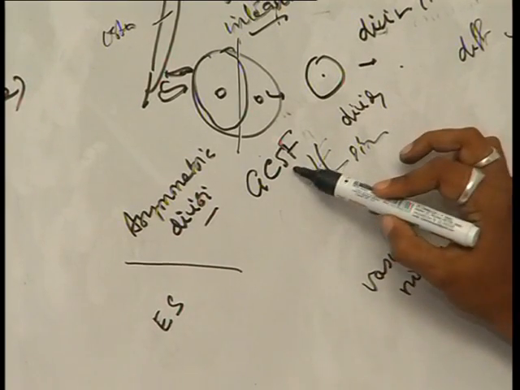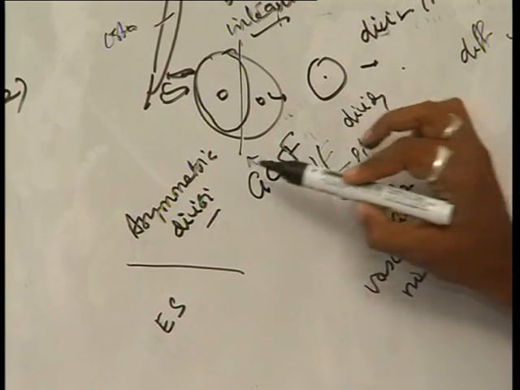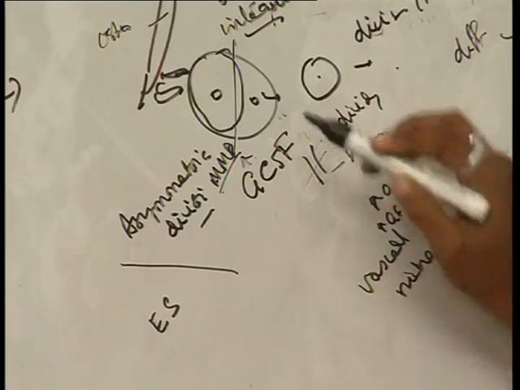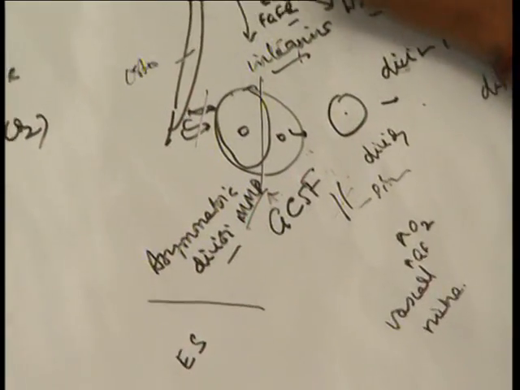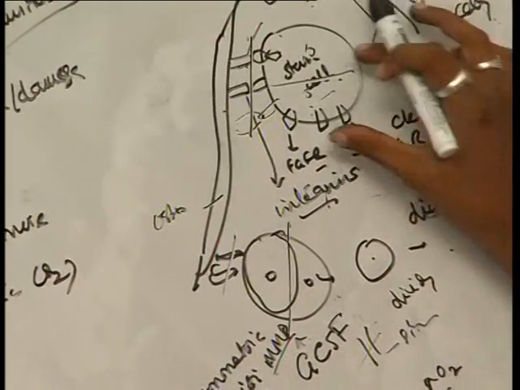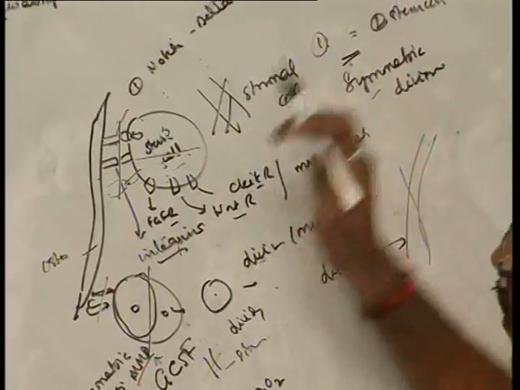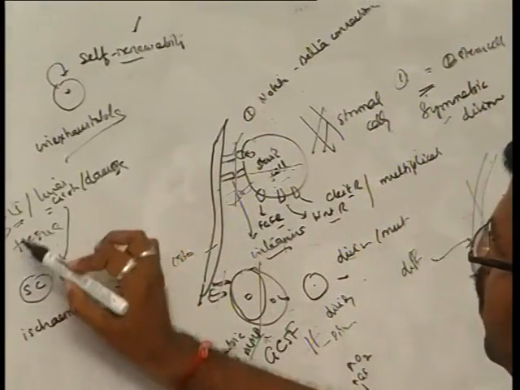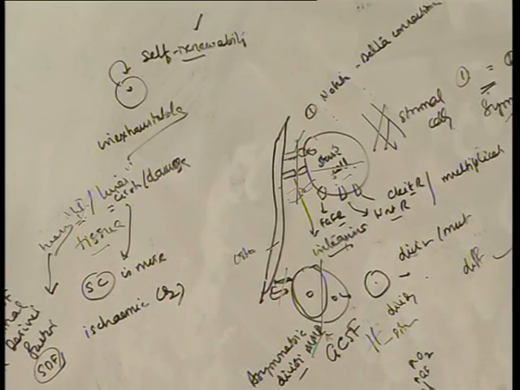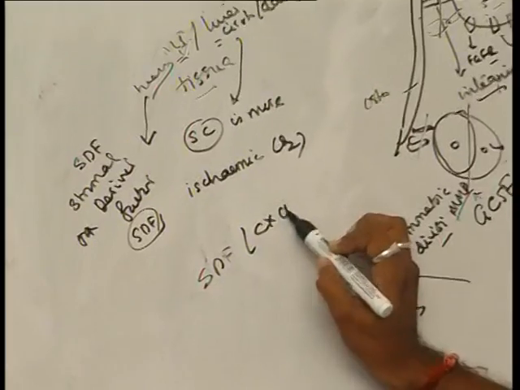The granulocyte colony stimulating factor now induces the MMP, matrix metalloproteases, which cleave the connection between the stem cells and the osteoblast, releasing the stem cells into the circulation for the rejuvenation of the myocardial infarction or liver damage. So this axis is called SDF CXCR4.